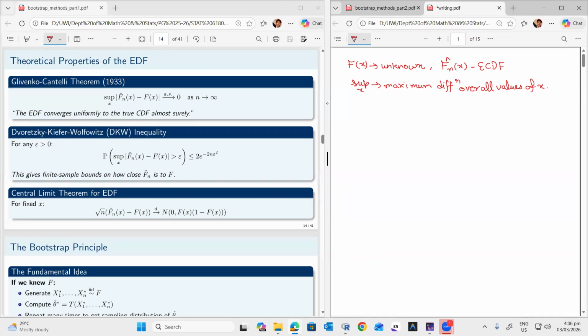So it is the maximum difference over the values of x, and it goes to 0 almost surely.